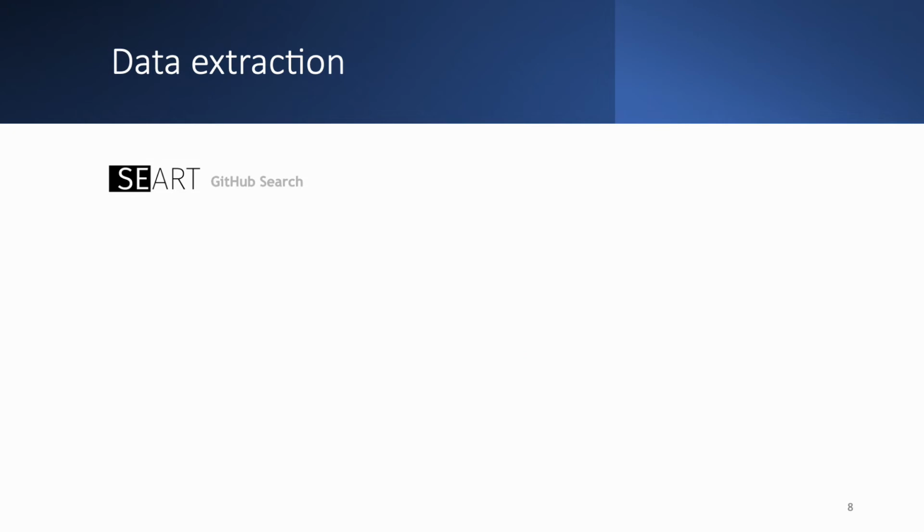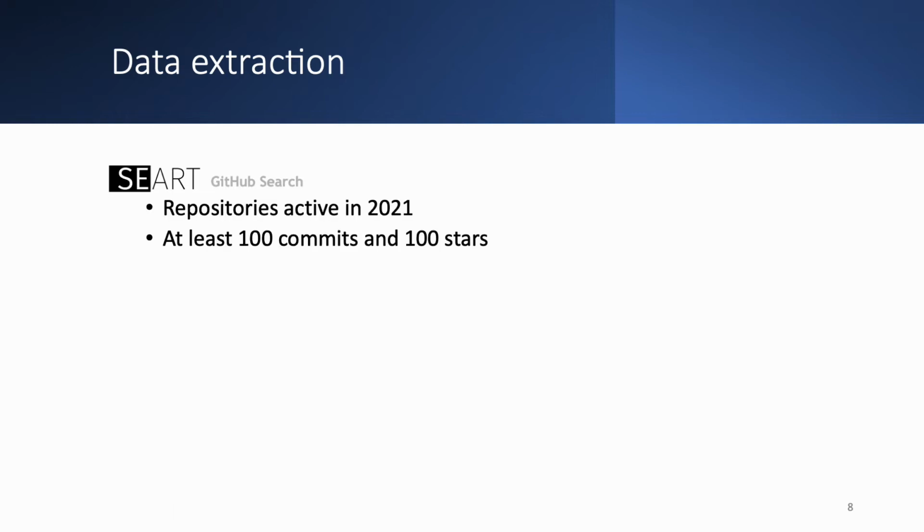As a first step to answer our research questions, we started gathering information. In order to do this, we used the GitHub search engine to gather all the repositories that we want. We put some constraints and got the list of repositories from this search engine.